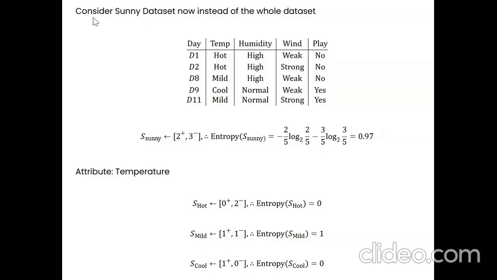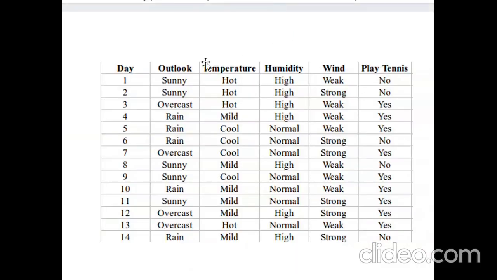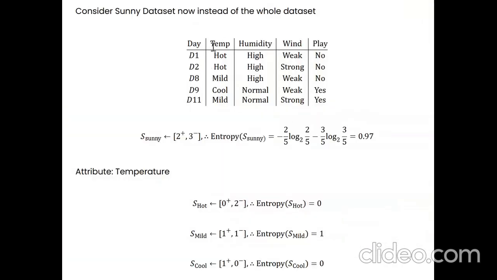Next, we will take only the sunny data set now instead of the whole data set. So look here, we are going to take only these values. For example, day 1, day 2, day 8, 9 and 11. We are going to only take these records. Now this is our data set that we are going to consider, and we'll calculate entropy for it.